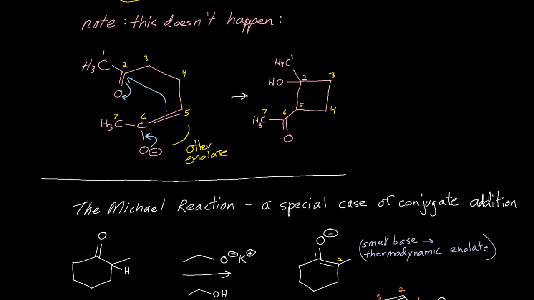So you get this other enolate possible. It has the same arrow pushing as above to form a new bond between now carbon 5, right, and carbon 2. Notice how I've numbered carbons here to keep track of what carbon is forming a bond to what.